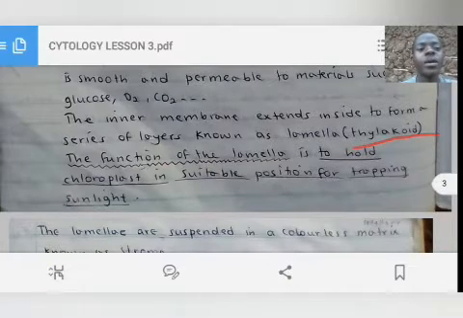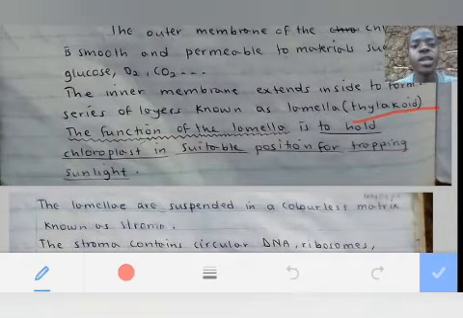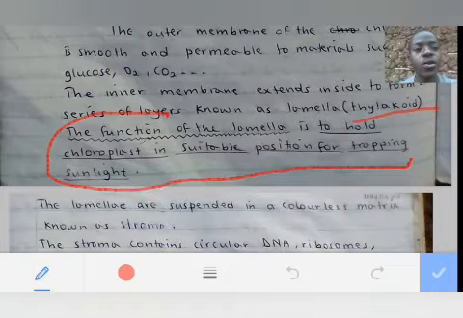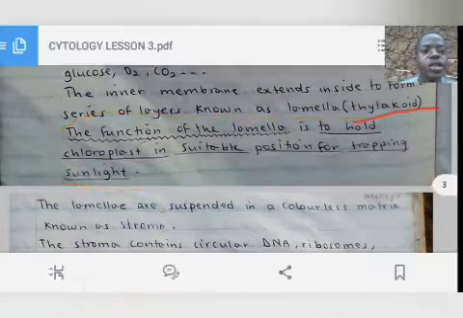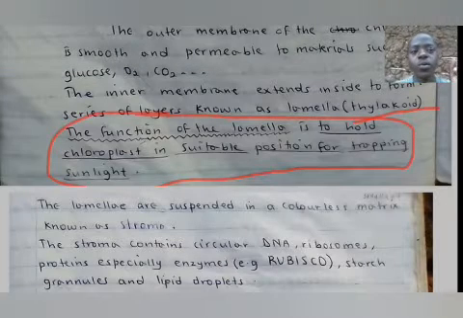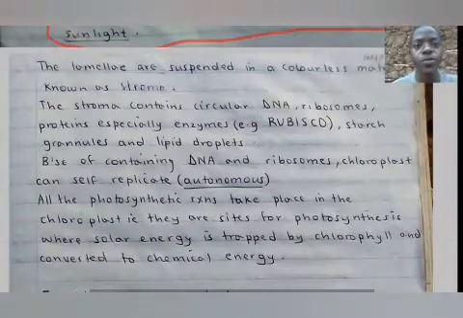The function of the lamella is to hold the chloroplast in a suitable position for trapping sunlight, because you know they use sunlight to make their own food.